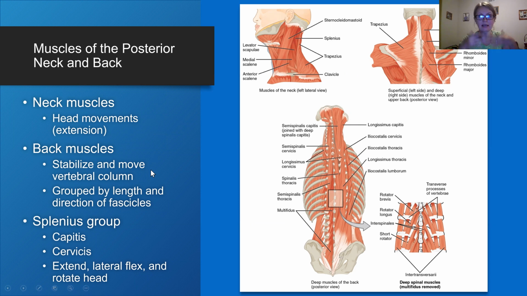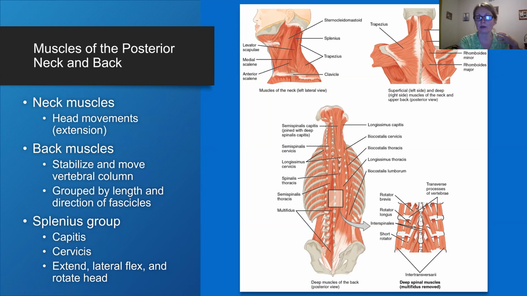Back muscles are in several layers. First of all, here we don't even see the superficial muscles like your trapezius, for example, right? Deep to trapezius, we have rhomboids major and minor, we have serratus posterior superior, right? Those muscles stabilize your scapula.